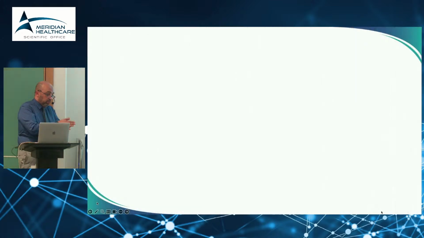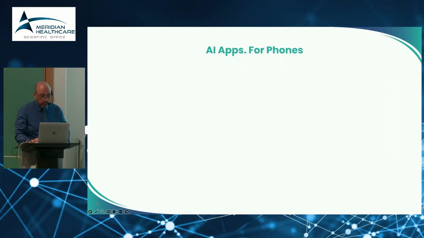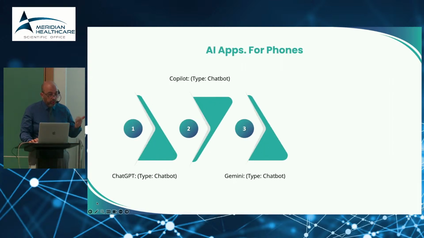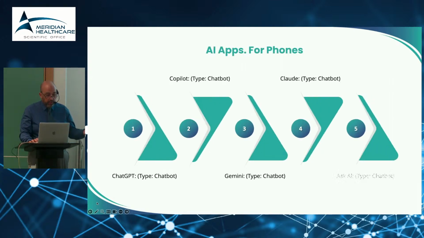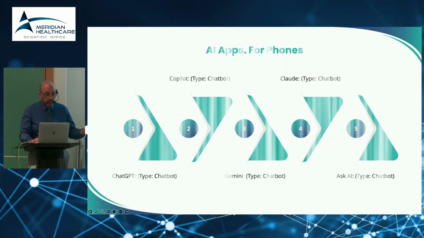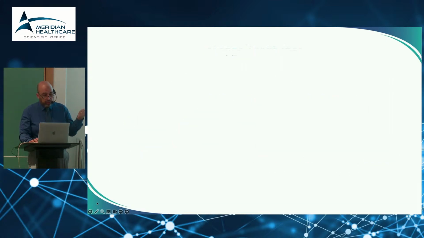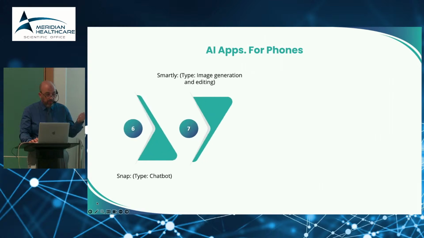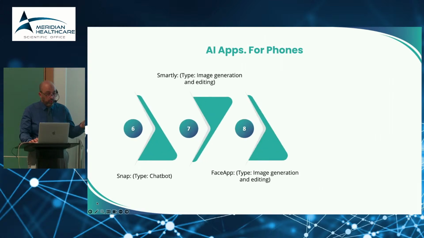We demonstrated the SwiftKey, which is for Microsoft Copilot. ChatGPT has an application, Gemini, Copilot has one, and Ask AI, which is a chatbot. We know that a chatbot is like ChatGPT. We have Snap, also a chatbot.